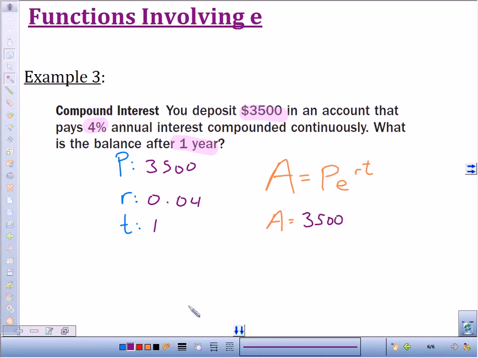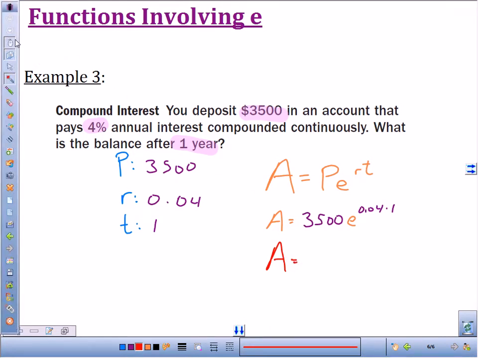P is 3,500 times E to the 0.04 times 1, R times T. And we can type this directly into the calculator, which will give us our value for A.